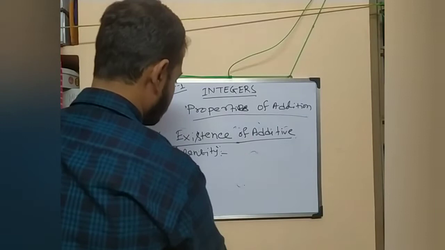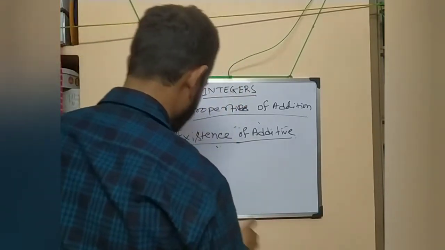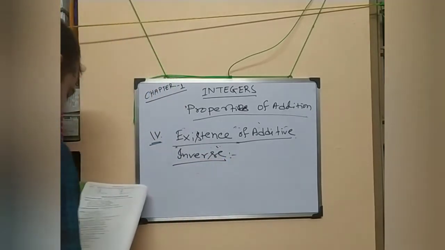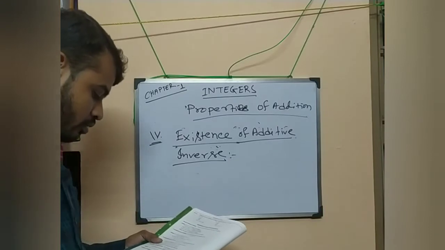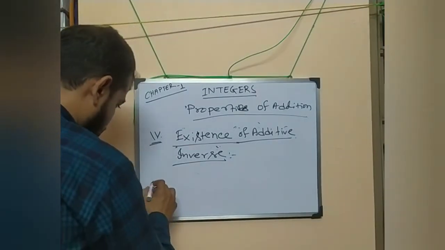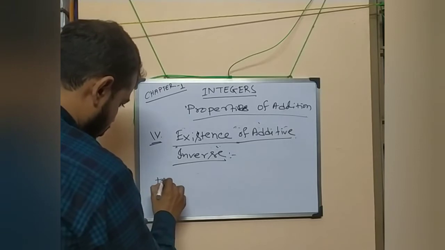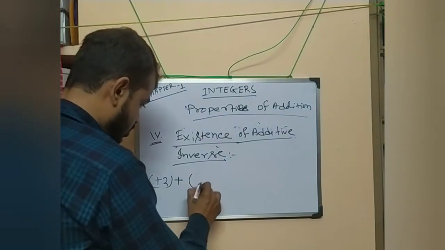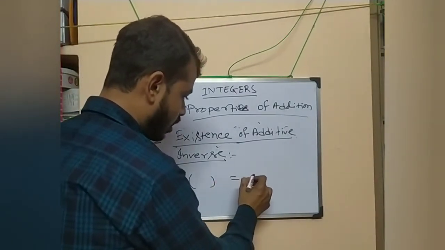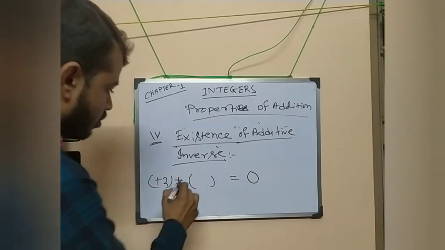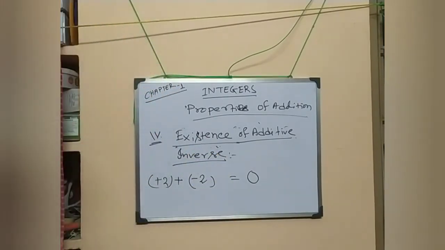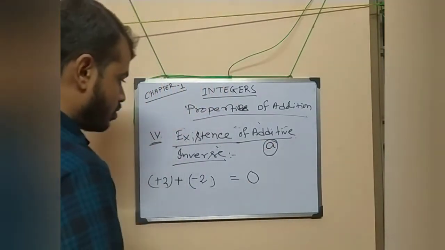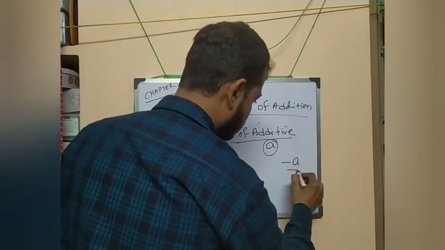Existence of additive inverse. Which is called additive inverse? If we take any integer, plus 2, if we add some number, then we have additive identity, that means 0. So for any integer a, the additive inverse for this integer is minus a.